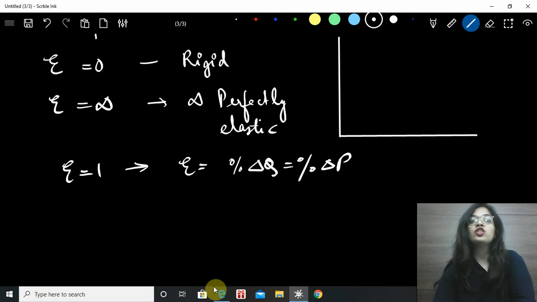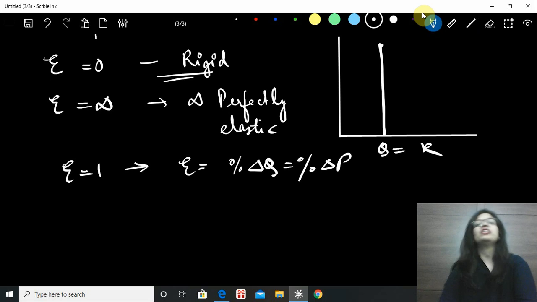if it is a rigid product, that is elasticity is 0, the graph is going to be vertical parallel to your y-axis. Why this? Because then the quantity remains constant. No matter how much the price changes, the graph is not going to change, right?